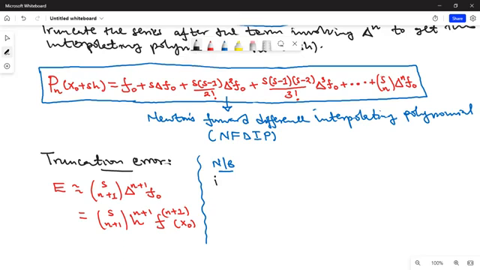Newton forward difference interpolating polynomial is used when the x values are uniformly spaced.